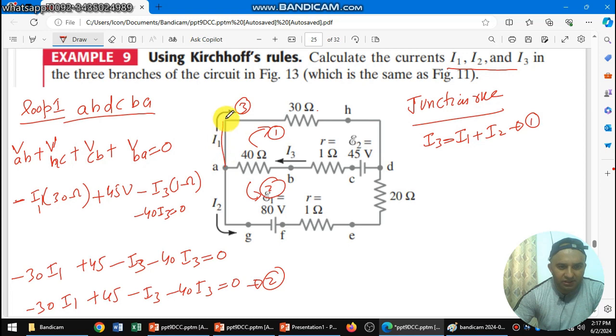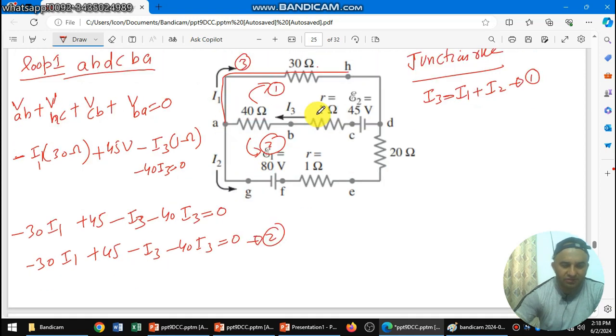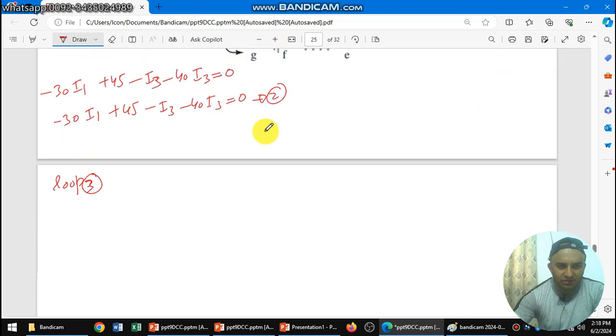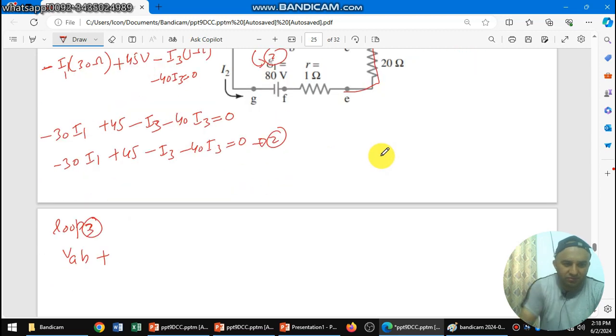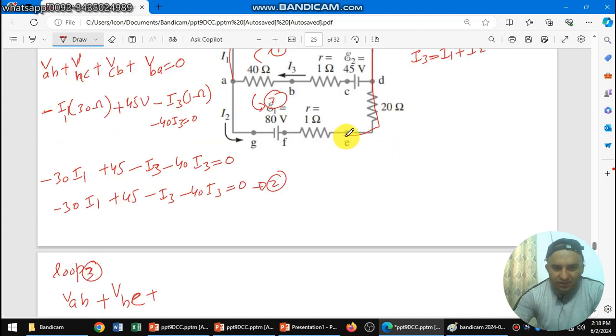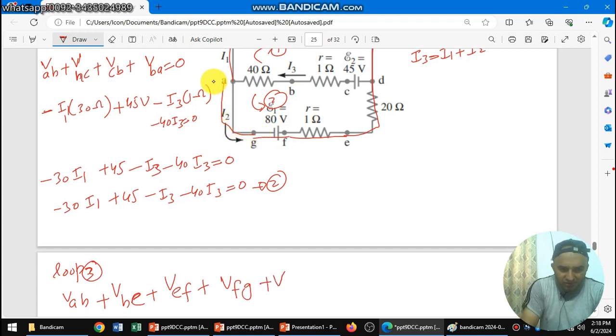We start from A to H, VAH plus then H to E, VHE plus E to F, VEF plus F to G, VFG, then G to A, VGA, which is equal to 0.